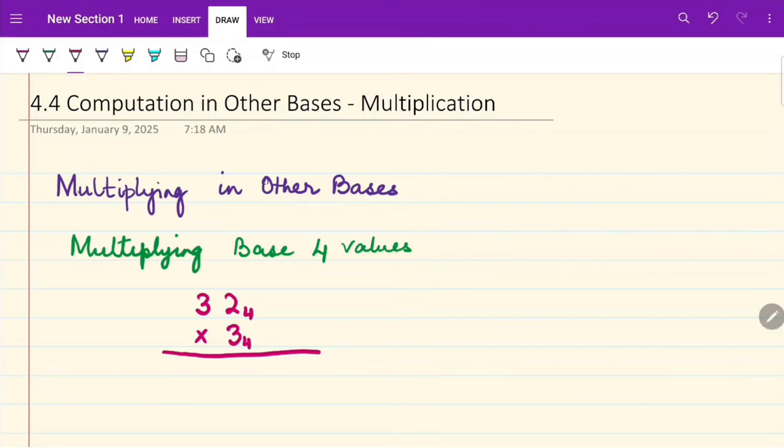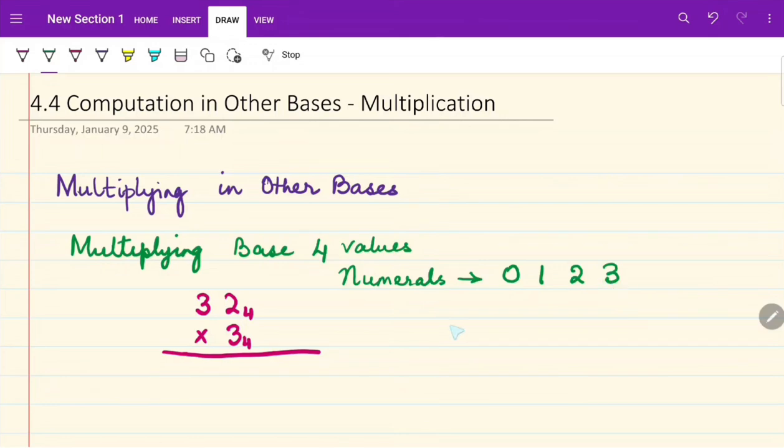Now, first of all, I'm going to list the numerals for base 4 system. So let's write those down. The numerals for base 4 would be 0, 1, 2, and 3. So there are four numerals in the system, and they start from 0 and go up to 3.